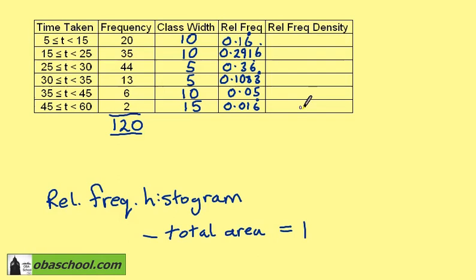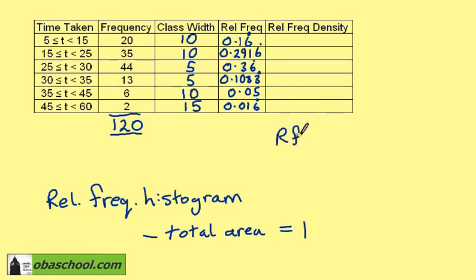The second class would be 35 over 120, and so on. But 120 is the sum of all the numbers in the frequency column. Therefore, if we add them, we must end up with 120 over 120, which is 1.